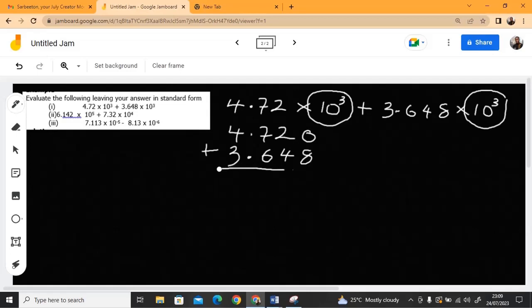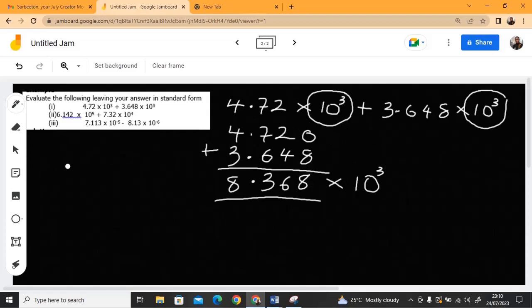So addition: 0 plus 8 is 8, 2 plus 4 is 6, 7 plus 6 is 13, you keep 1, right? 4 plus 3 is 7, plus 1 is 8. Both of them have 10, so you pick one of the 10 times 10 raised to the power of 3. So your answer is 8.368 times 10 raised to the power 3. This is how you solve this.